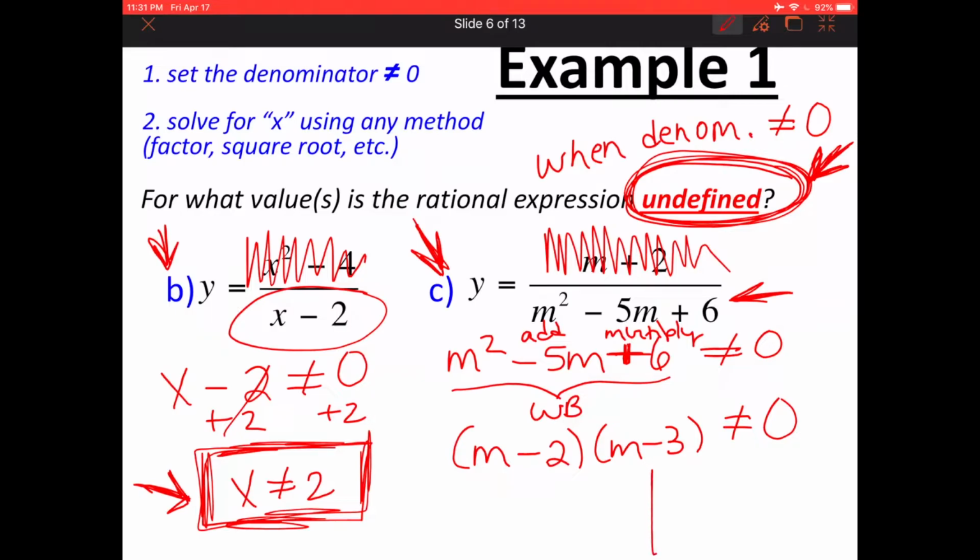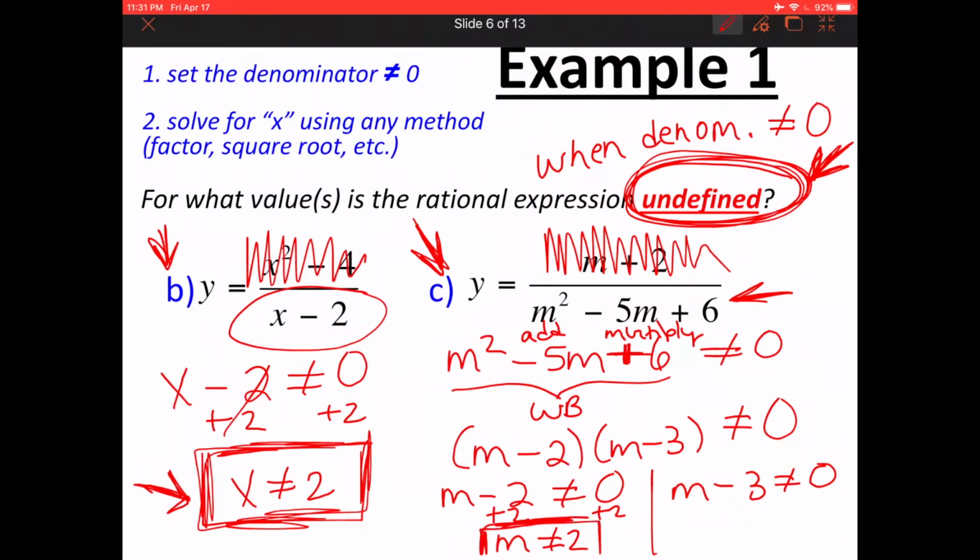So now I set each factor not equal to 0. M minus 2 cannot be 0. M minus 3 cannot be 0. I add 2, add 2. So my first answer, for example C, is that m cannot be 2. So there's my first answer. Notice I'm going to have 2 answers. On the right, I add 3, add 3.